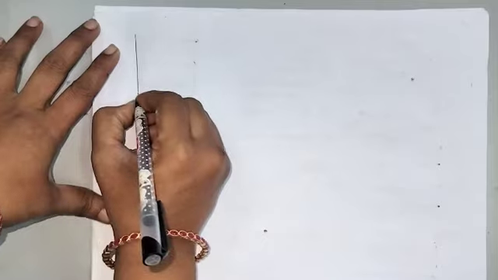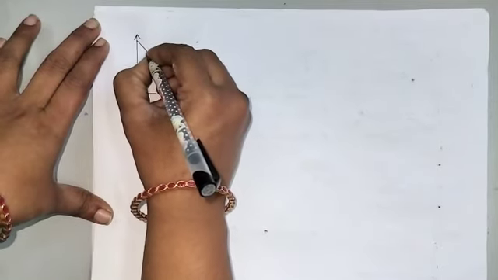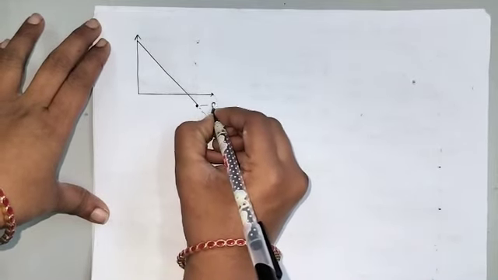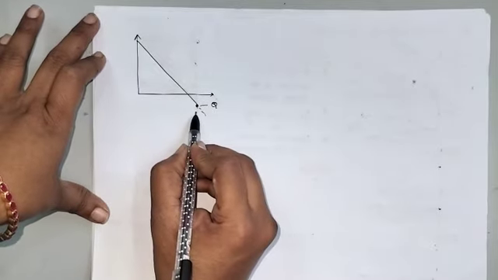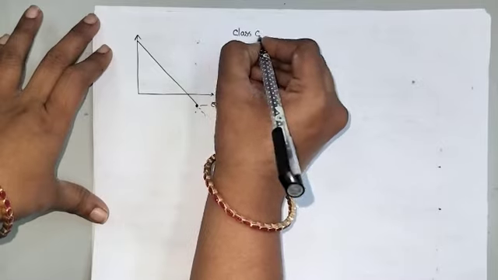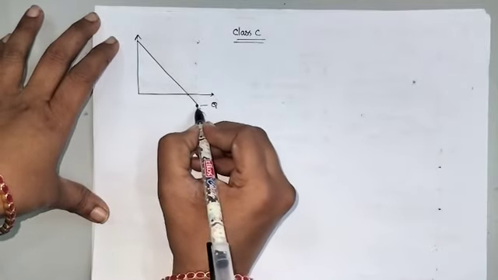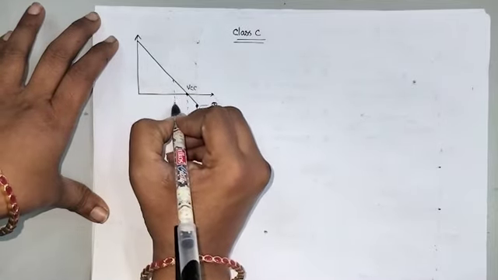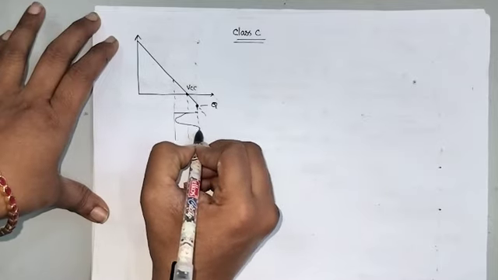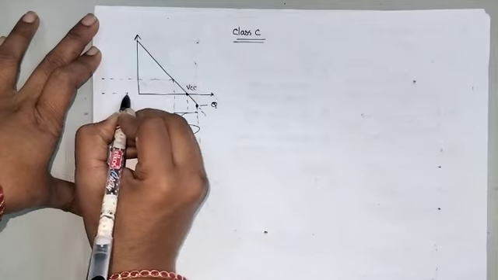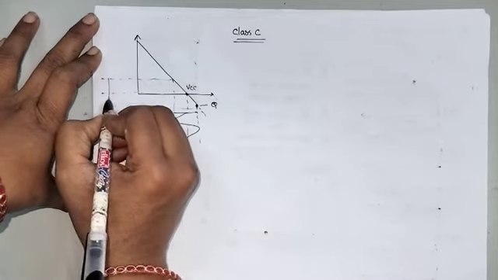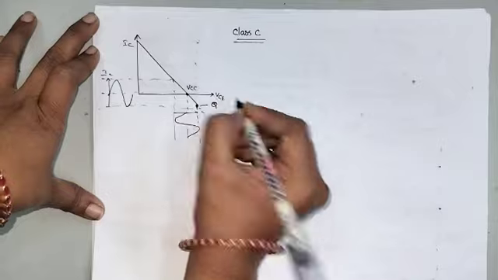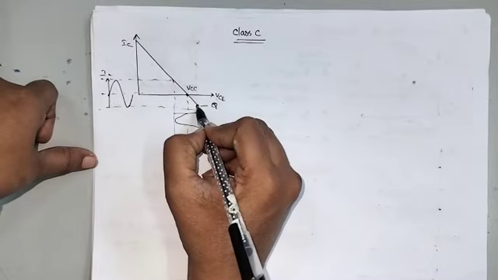And the next one: if the Q point is shifted below the x-axis, that amplifier is called a class C power amplifier. This is the diagram, IC versus VCE.